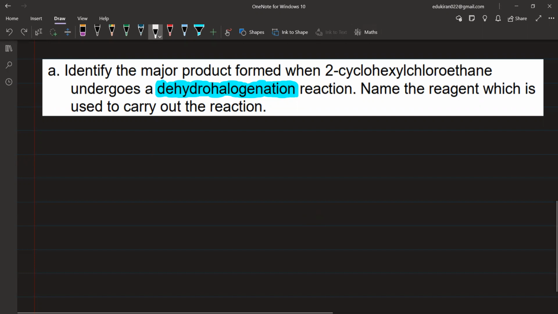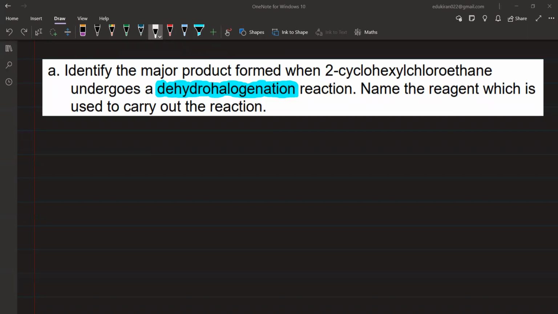Fahad, that is correct. Elimination reaction. Yes, Fahad, that is correct.